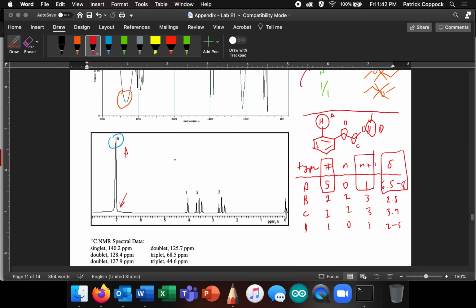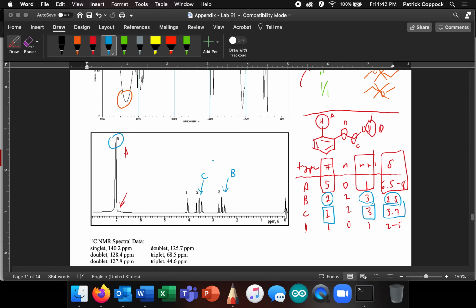Okay, now let me look for a different color. A 2, a triplet near 2.5. Boom, look at that. Gorgeous. That is my B. Okay, now let me look for a 2, which is a triplet, which is at 3.7.